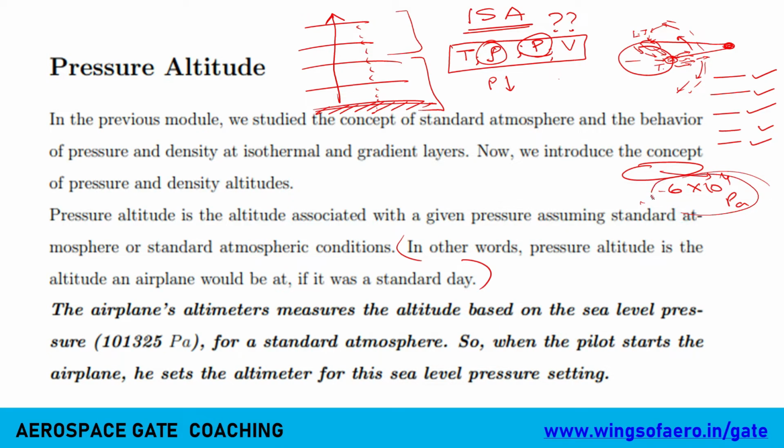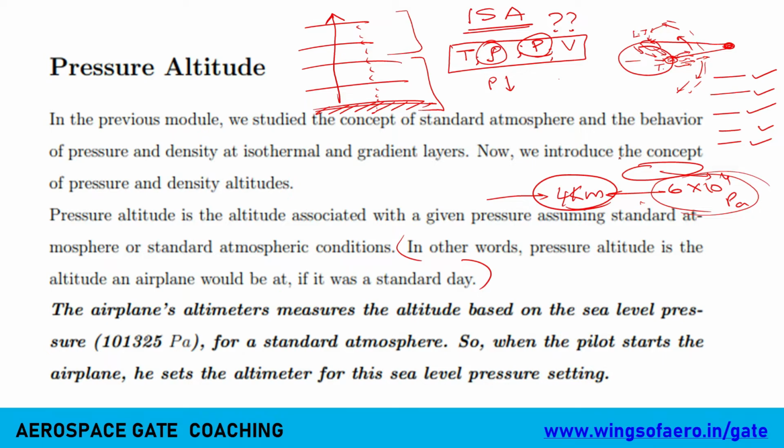Now you need to check, that means if this much pressure is there as per the international standard atmosphere data chart, at what height is that aircraft flying or situated? Suppose for 6 into 10 power 4 Pascal, as per the data it is flying at 4 kilometers. So that means this is the pressure altitude.